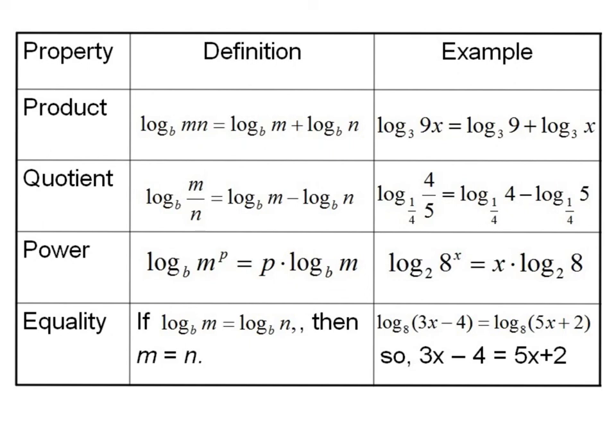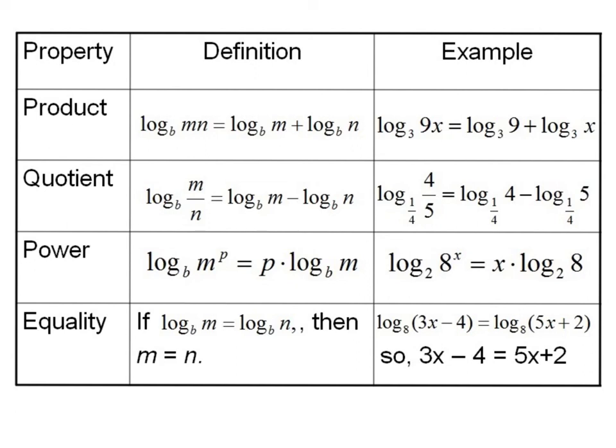So for the product, if I have these two things multiplied together, I can expand them and make them addition, much like the rule with an exponent. With a quotient, I'm going to follow the same exponential rule. If I divide those two things within the same log with the same base, I can break them apart and subtract them.